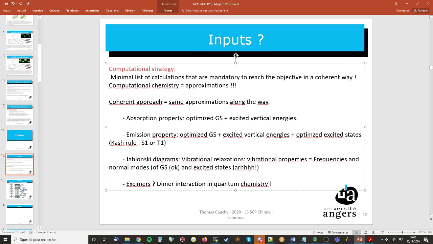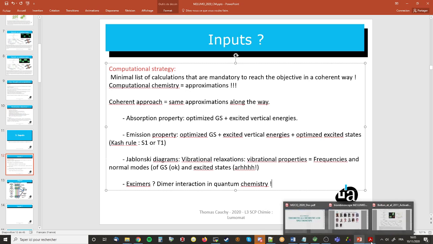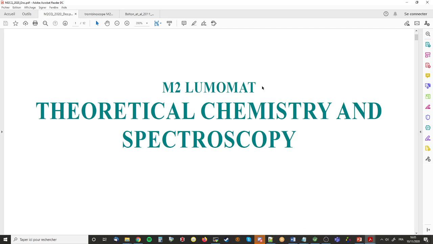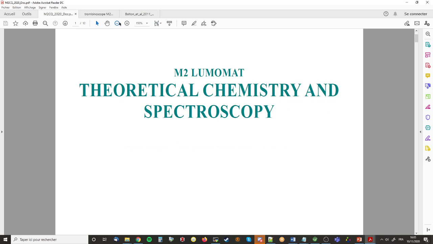We'll see if in the ground state it works, and if it works, maybe we can check for excited states of this dimer. The computational strategy approach is what I want you to understand in this class.